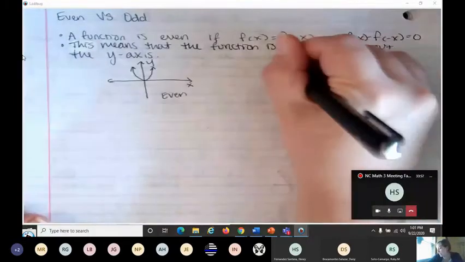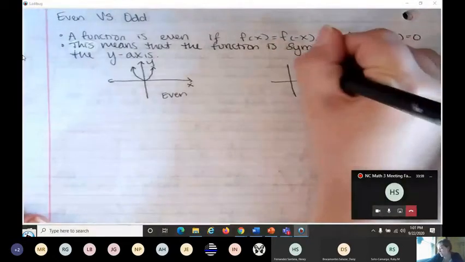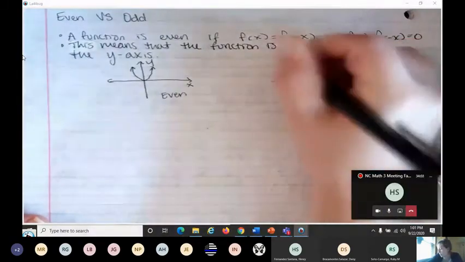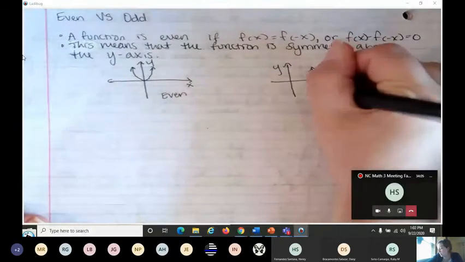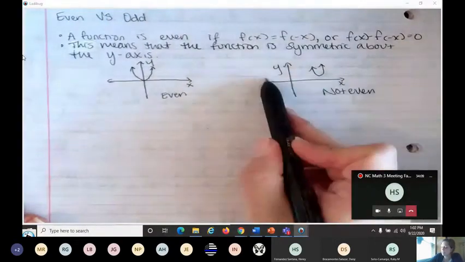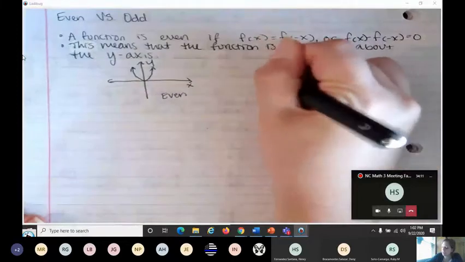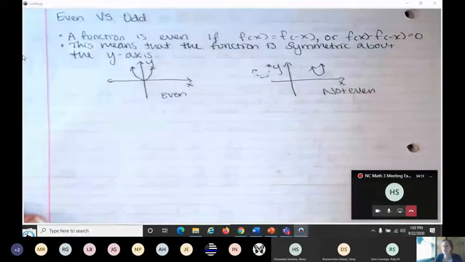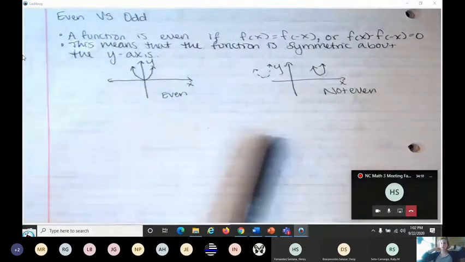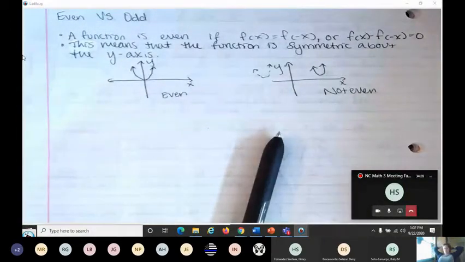But something like this, or maybe a quadratic that is shifted over to the first quadrant, is not even. Because if I reflect this across the y-axis, I'm just going to get another function like it over here. And so then you look like you have two functions instead of just this one. So that's an example of when it's not even.